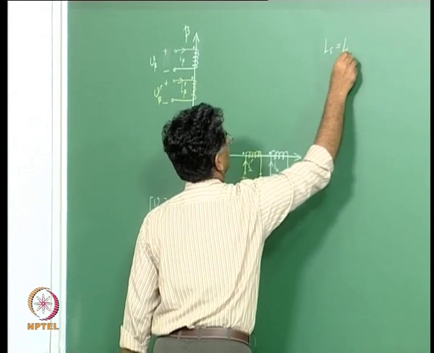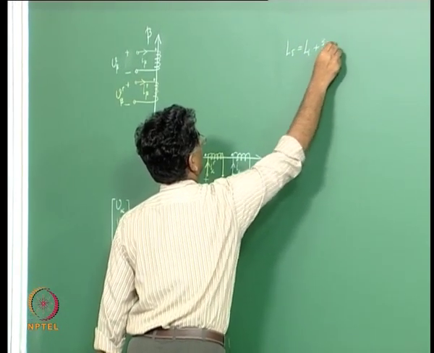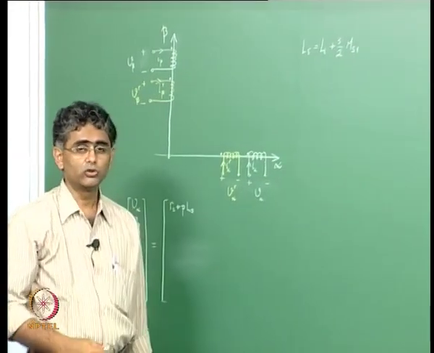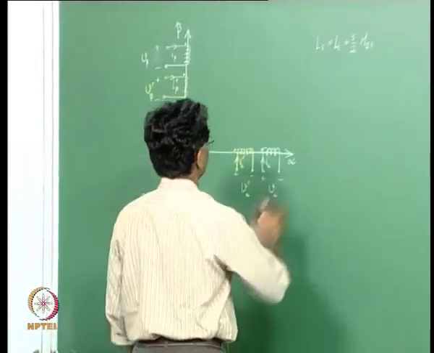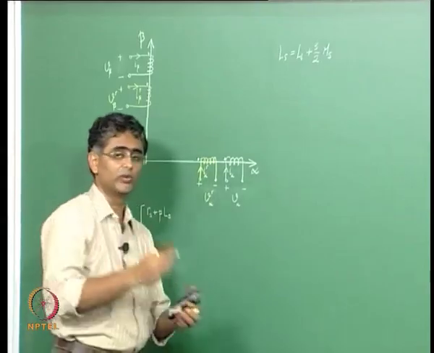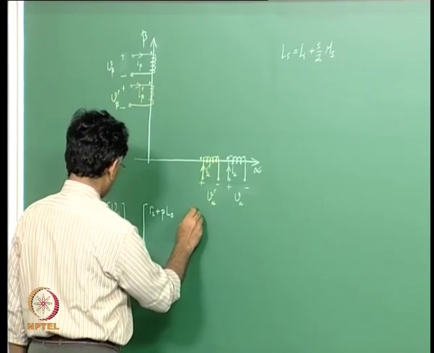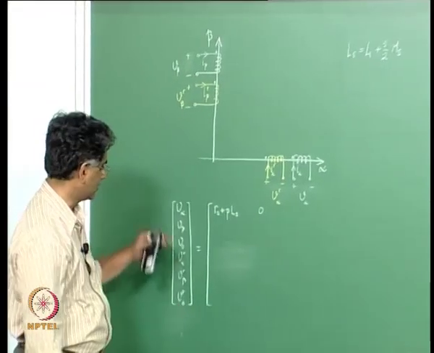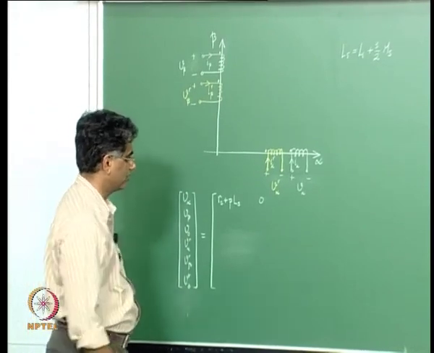Ls is L leakage plus 3 by 2 times MS, where MS is the mutual inductance between the phases. And then you have 0 here, because this is a coil that is really stationary, it is not a pseudo stationary coil.